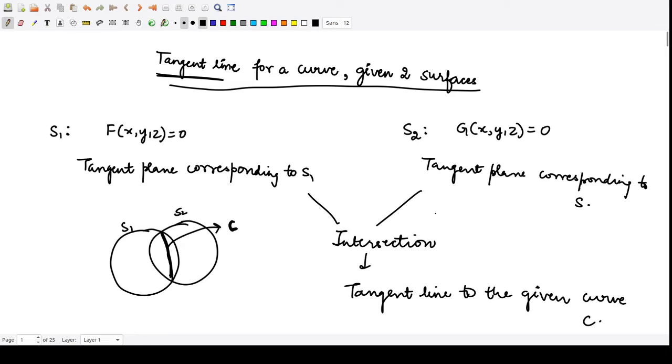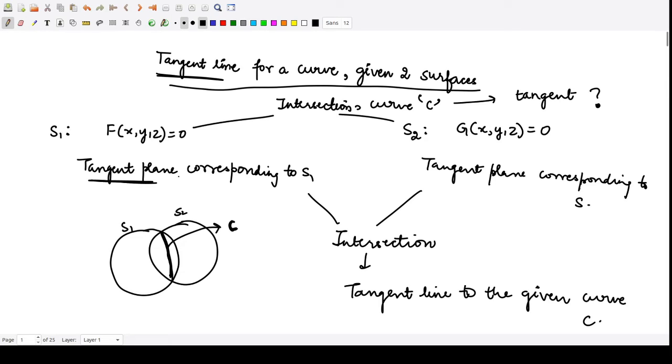What is the situation? S1 and S2 are surfaces, and their intersection is marked by the curve. The intersection is basically the curve represented by C. So if we are to calculate the tangent for this particular curve C, you can calculate the equation of the tangent plane corresponding to the first surface and the second surface, and then take their intersection, and whatever is the intersection, that would be the tangent line.